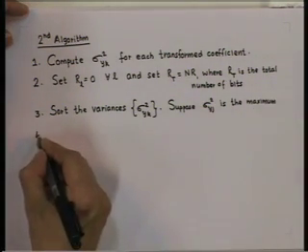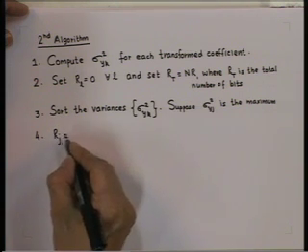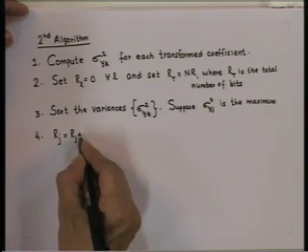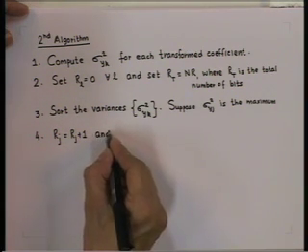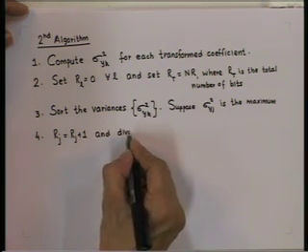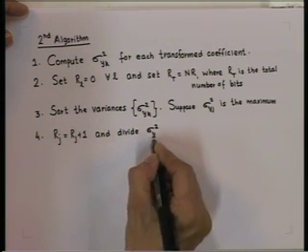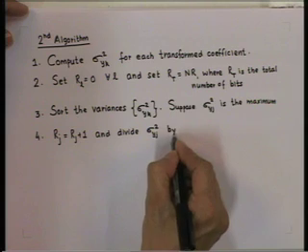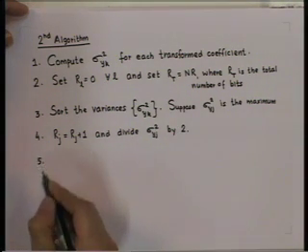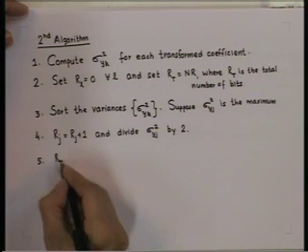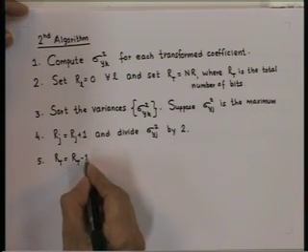Then the next step is to increment R j by 1 and divide the variance by 2, and next step is to decrement R t by 1.